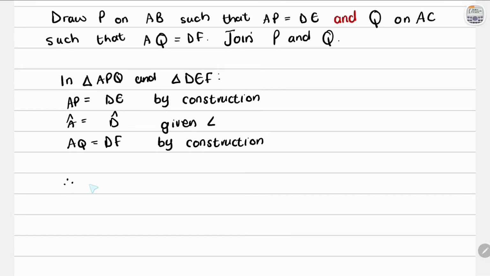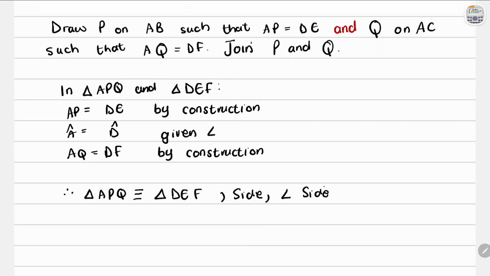So it means, therefore, that triangle APQ really is congruent to triangle DEF. And the reason for this is a side, this is an angle, and this is a side. Okay, so you can tell them it's side, angle, side. That's the reason.